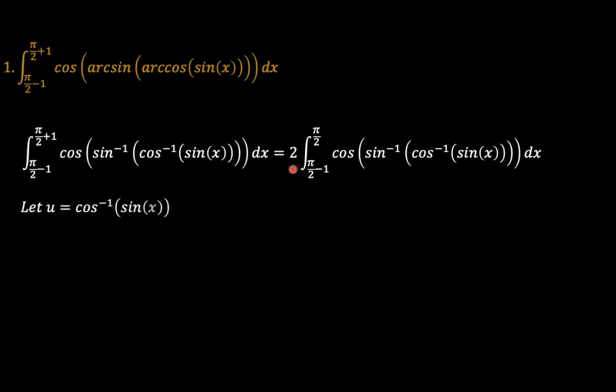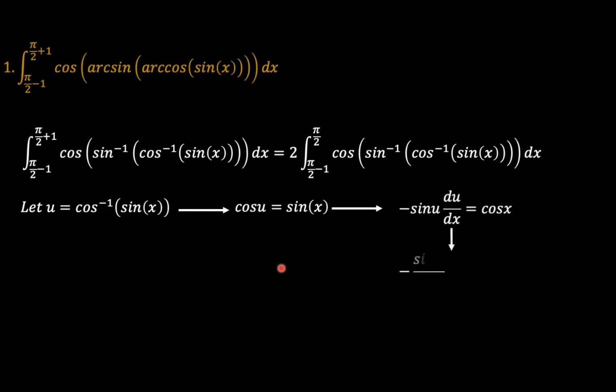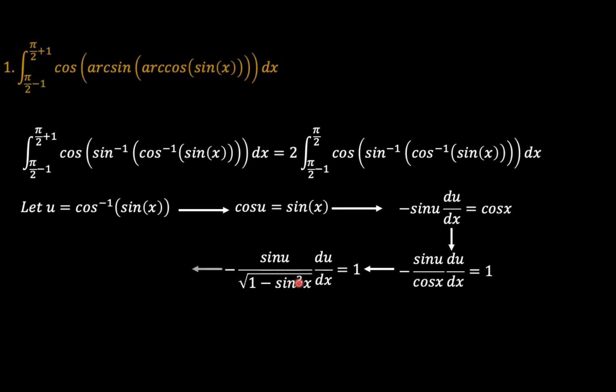So first I'll begin by saying let u be equal to arc cosine of sine x, in other words, this term here. And so what that means is that cosine u is equal to sine x, such that negative sine u du/dx is cosine x. And so negative sine u over cosine x du/dx is equal to 1. And so we can express cosine x in terms of u by converting cosine x into the square root of 1 minus sine squared x.